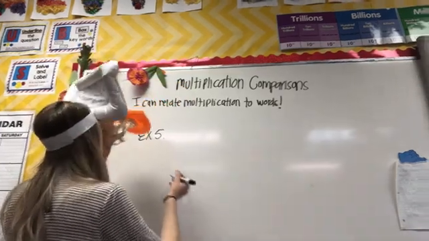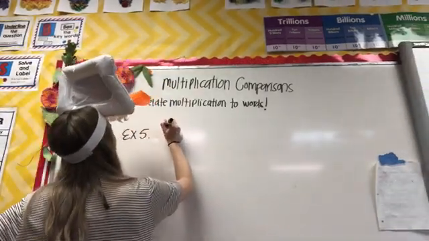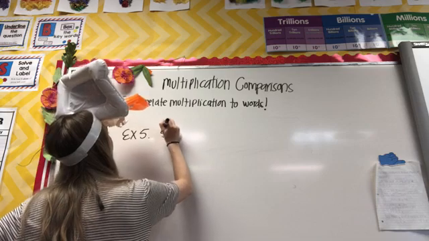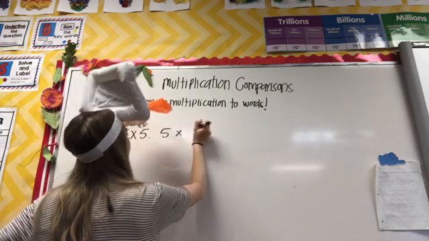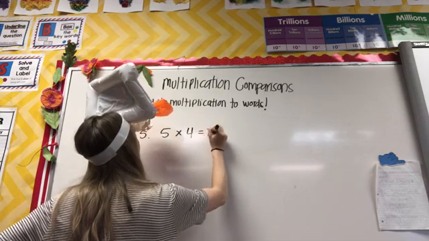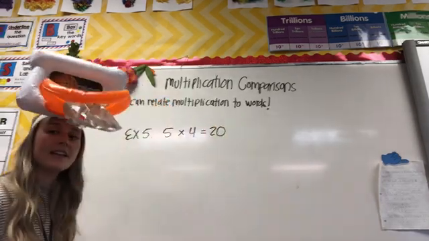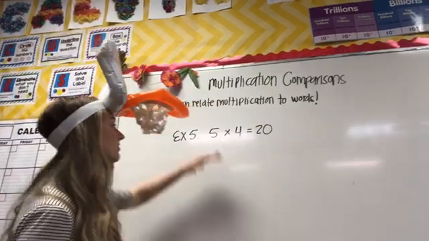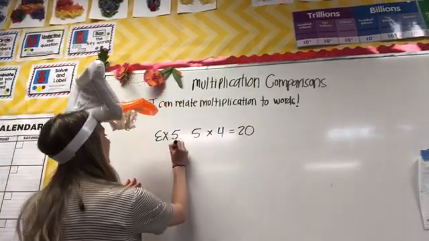All right, so if we had, let's do 5 times 4 equals 20. If we wanted to write this in words, we would just write it how it sounds. We once again write our 5.